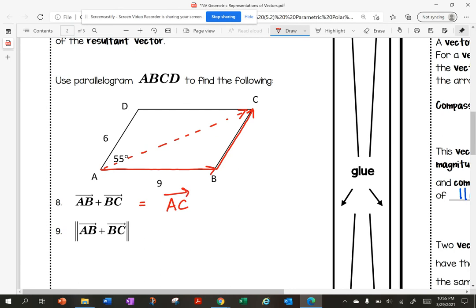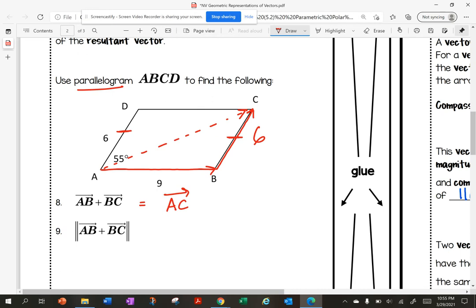So the name is vector AC. And then the magnitude, we have a parallelogram, so my opposite sides are parallel. So if this side is 6, from geometry I know this side is 6.